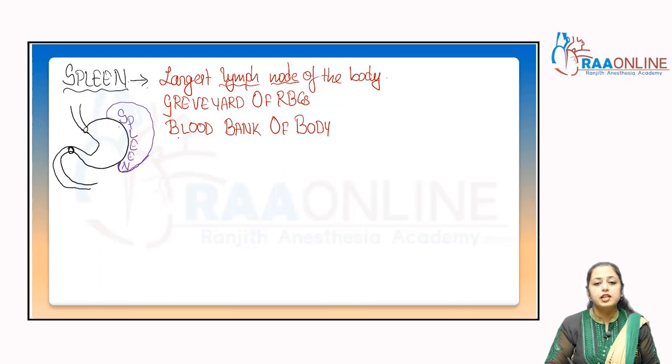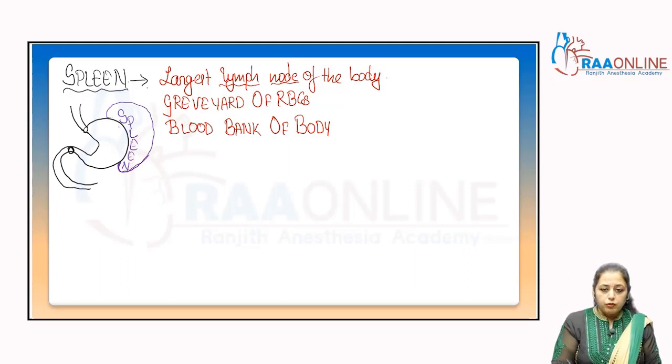Why blood bank? Because it stores the immature RBCs, right? And when our body requires an increase in the amount of RBCs, it releases them into the circulation, right? The spleen originates from the embryonal mesoderm.